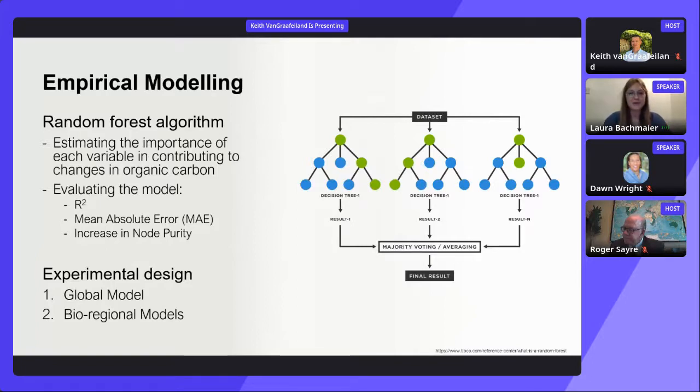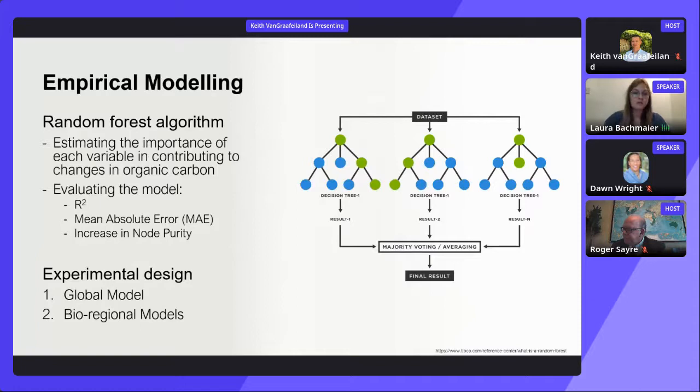Random forests assemble a multitude of individual decision trees. These are the triangular tree-like things you can see at the top of this graphic here. What the algorithm does is it iterates the model many, many times. Each dot on these trees represents an individual iteration of the model. Each time it iterates, it will randomly remove or add one of the environmental variables, and then it checks whether the model performance has improved or not.